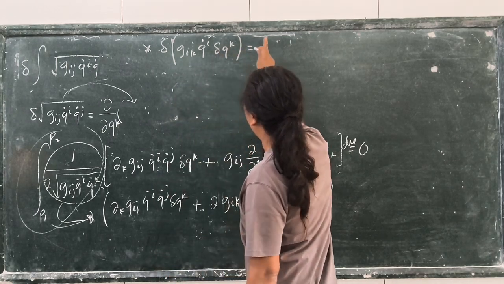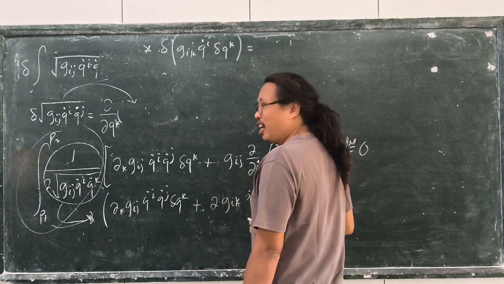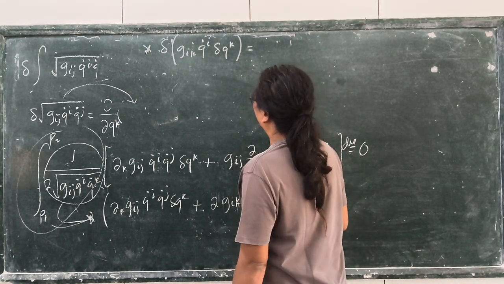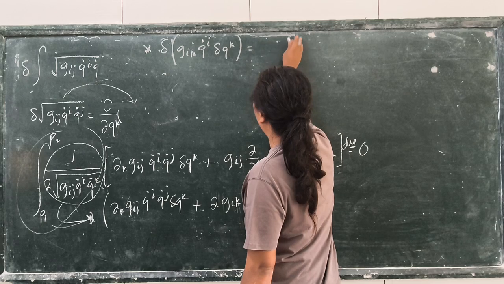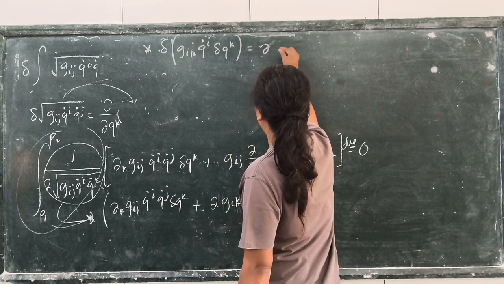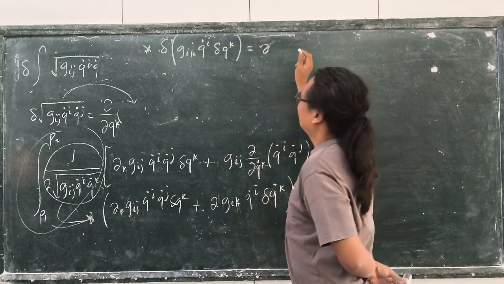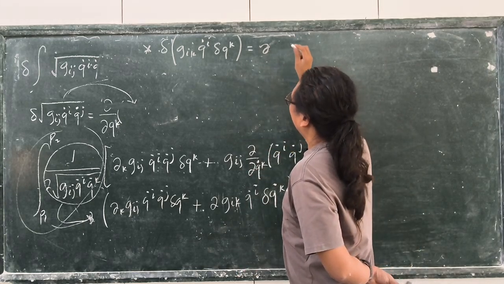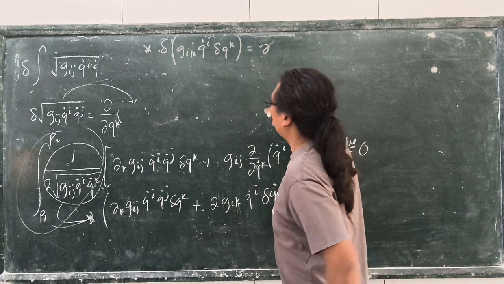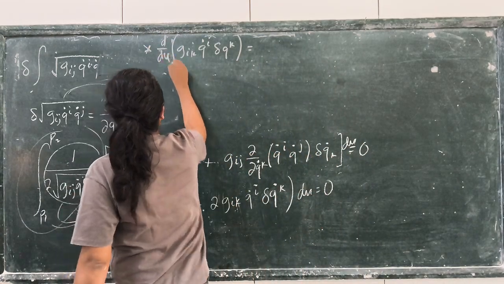When I take the variation, this is first the second, plus second the first. Sorry, not the variation; I would take the d over du.